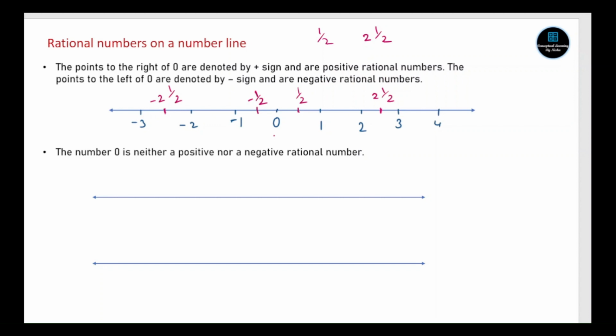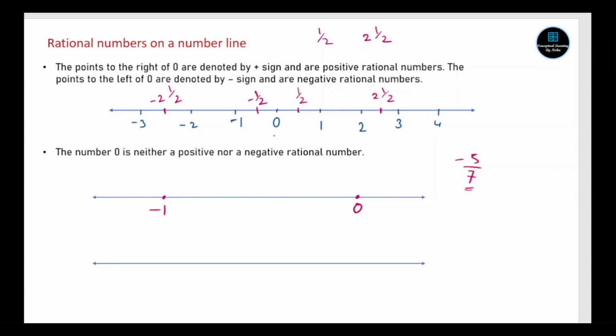Now let's say I want to represent minus 5 upon 7. How do I do it? If I simply say 5 upon 7, it's a proper fraction, but it is minus 5 upon 7, so it comes between 0 and minus 1, right? Now, how to represent this?